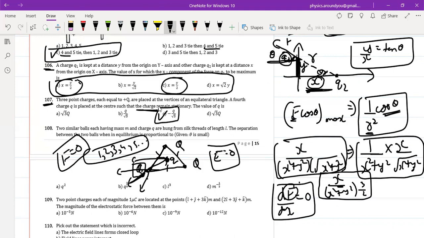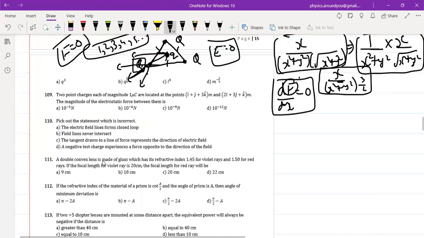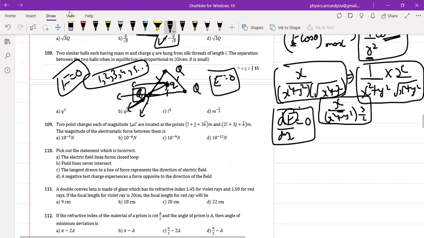So even if the question was system of charges remain stationary, then also it would be done very easily if you look at the options with wide eyes, alert eyes, awake eyes, right? Because the charge has to be negative to balance the total force acting on capital Q. So that is 107.